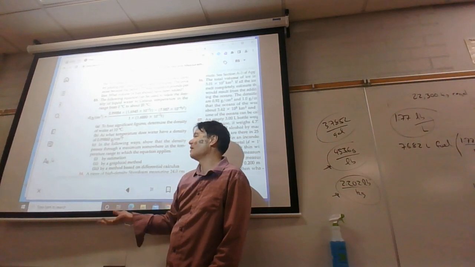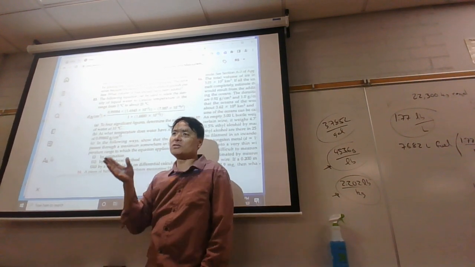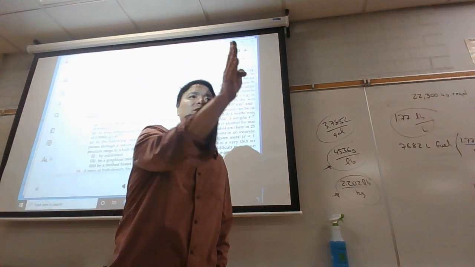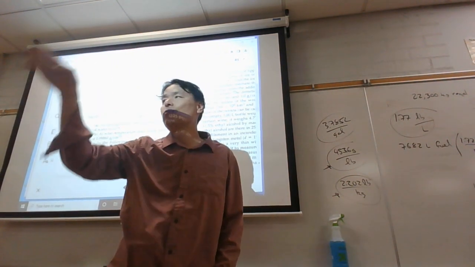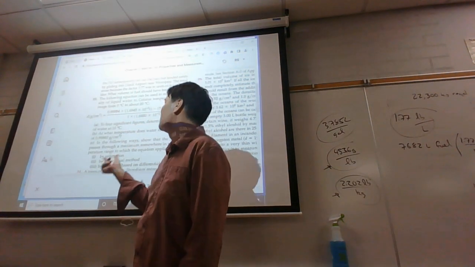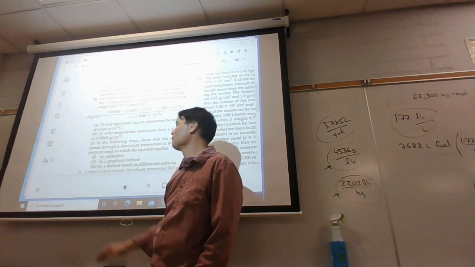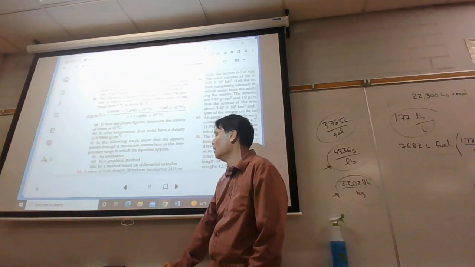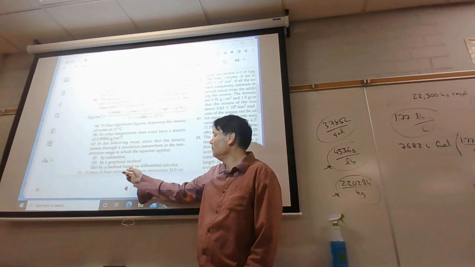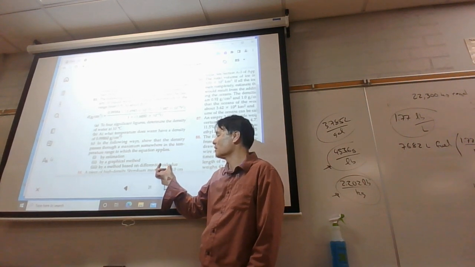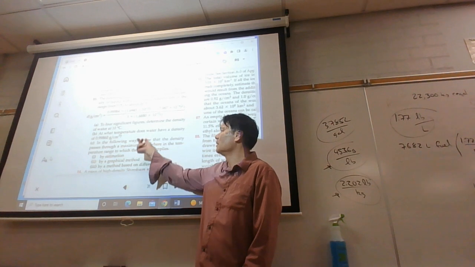When you look at how the solutions manual solved it, they measure the density every 5 degrees C. And then they look where it peaks. Nearby where it peaks, they go to 1 degree C increments. And then they graph it. That's a lot of work. 3, by the method based on differential calculus. Well, calculus is not required for this class, but with calculus, we can take the derivative.